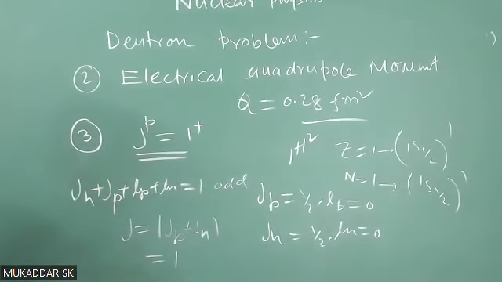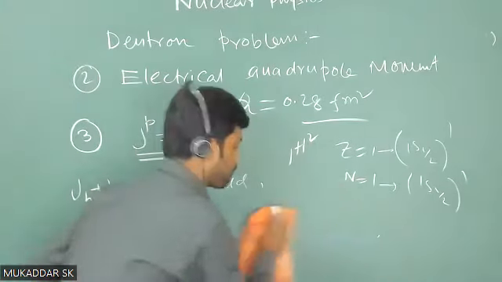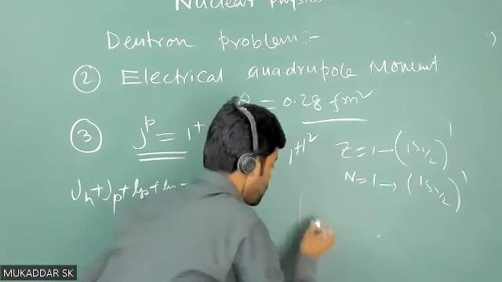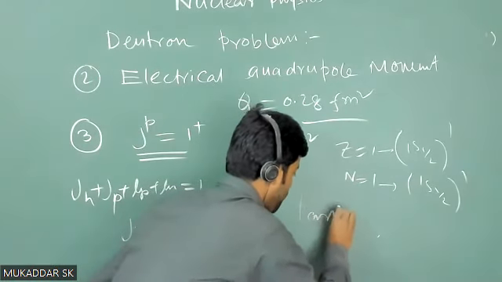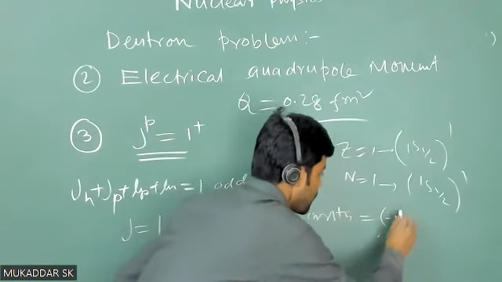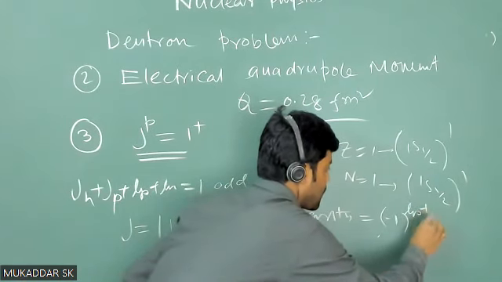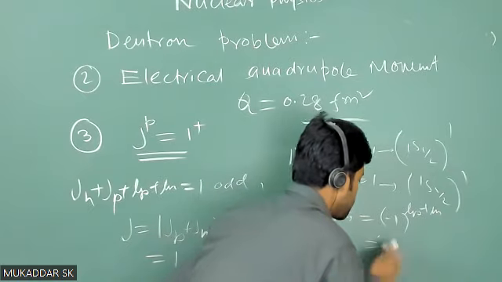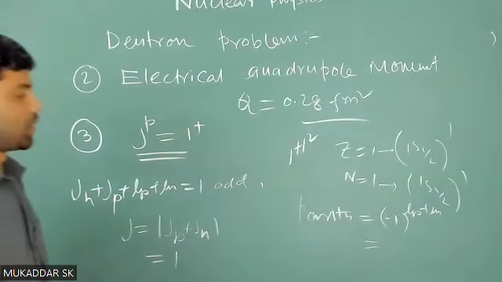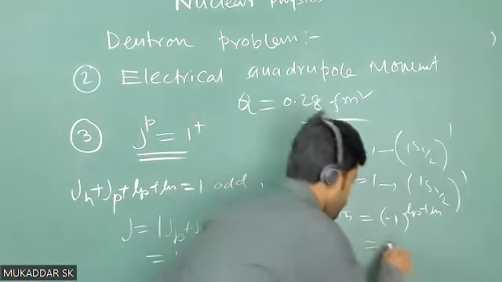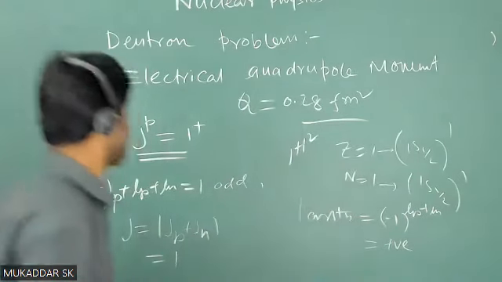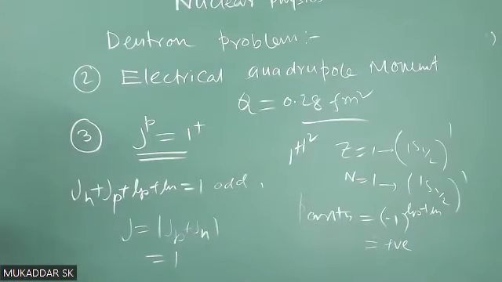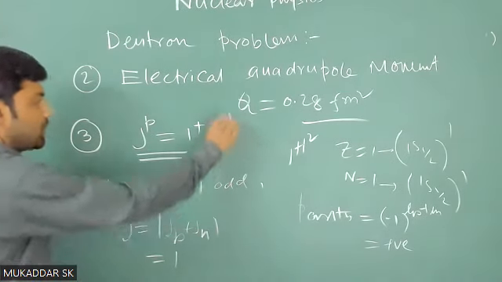And of course the parity is (-1) to the power LP plus LN, that is (-1) to the power 0, so even parity, positive. It means this is possible.